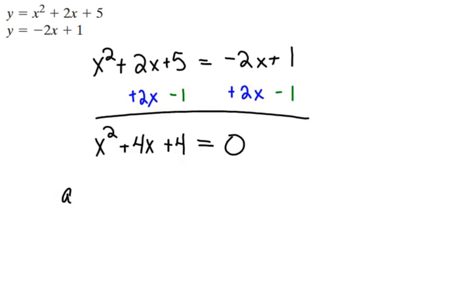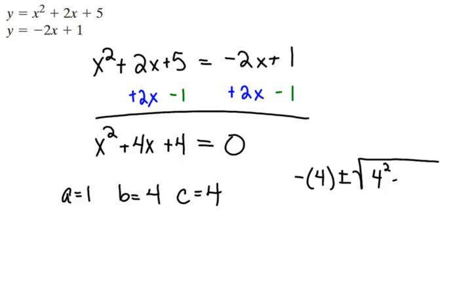So a equals 1, b equals 4, c equals 4. So my quadratic formula becomes negative 4 plus or minus the square root of 4 squared minus 4 times a times c, all over 2 times a. Remember, this is what x is equal to.